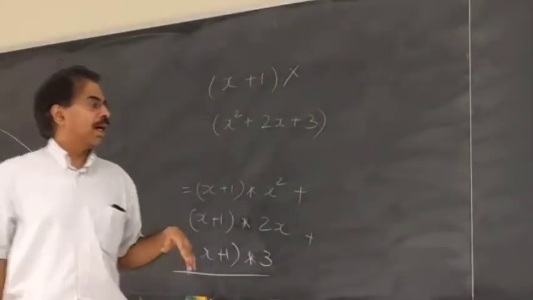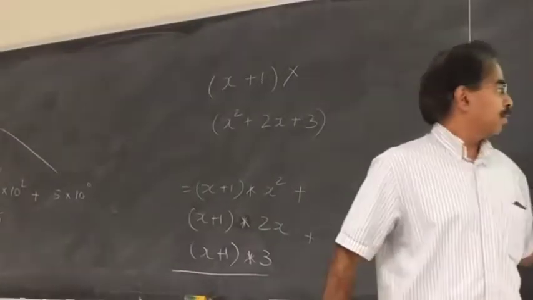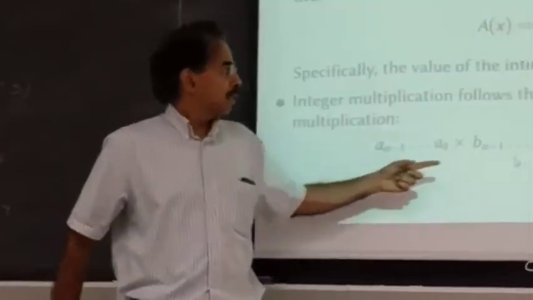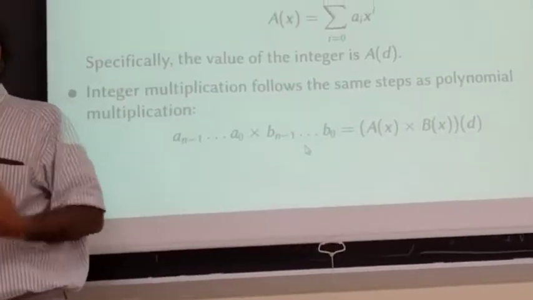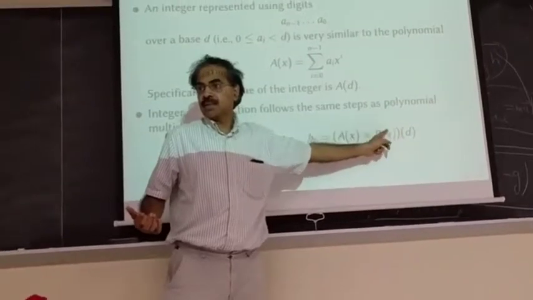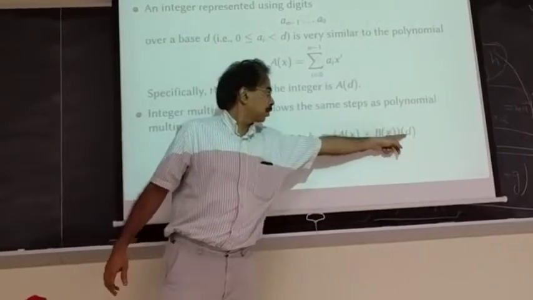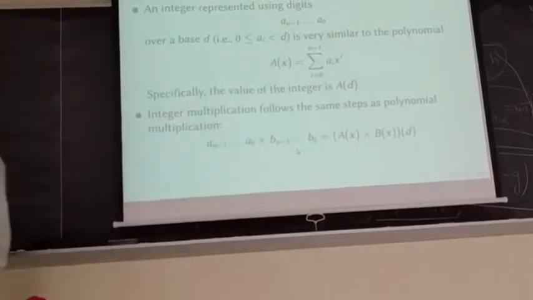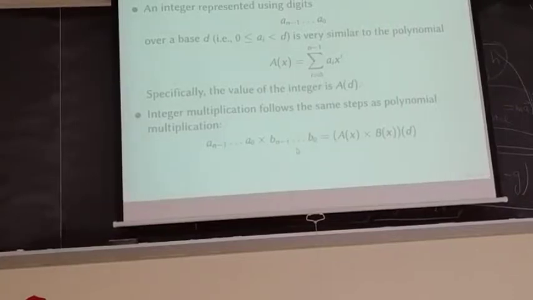Essentially, if you want the product of two n-digit numbers, you can take the polynomials, multiply the polynomials, and then do the substitution of x equals d. x is the variable on which the polynomial is composed, and you set that variable x to the base d, and that gives you the value of the product.